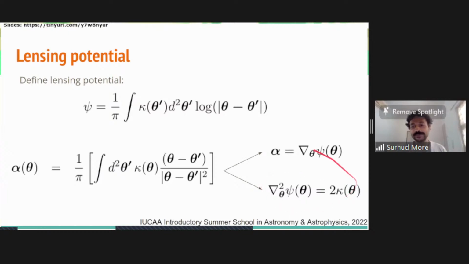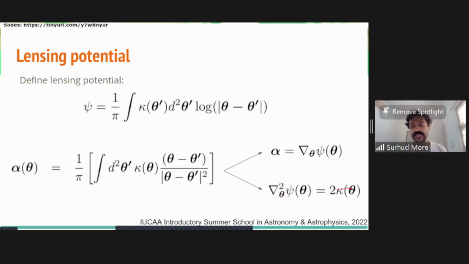So what this means is that you can actually define a potential, and there are lots of similarities with the gravitational potential that you're used to in 3 dimensions, the forces and the Poisson equation, right? So you can see similar things here. So there is a lensing potential instead of the gravitational potential. It obeys a Poisson equation, right? Which looks like this.